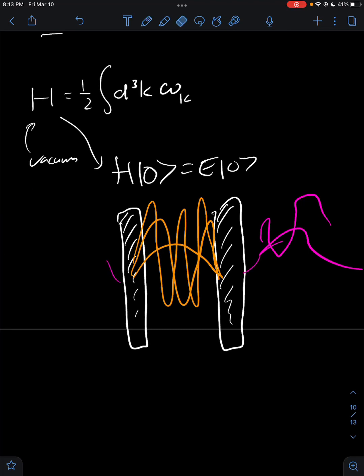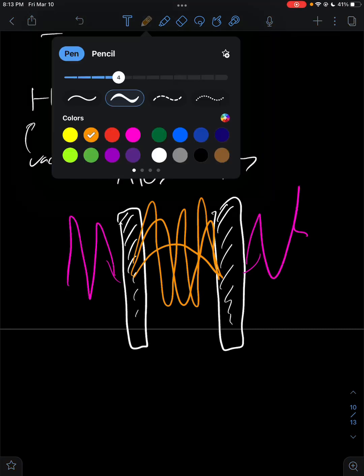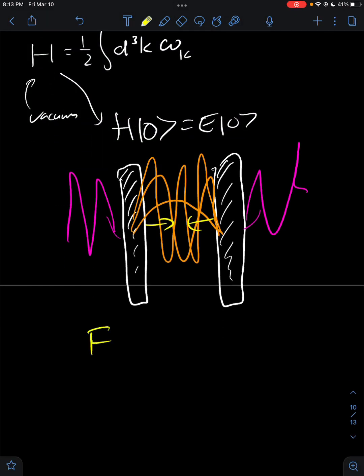And essentially, since there are more configurations of fields outside the plates compared to inside the plates, there is a net force that pulls the plates inwards to each other. We call that the Casimir force, where the force is equal to, I think it's minus pi over 12a squared, where a is the distance between the plates.